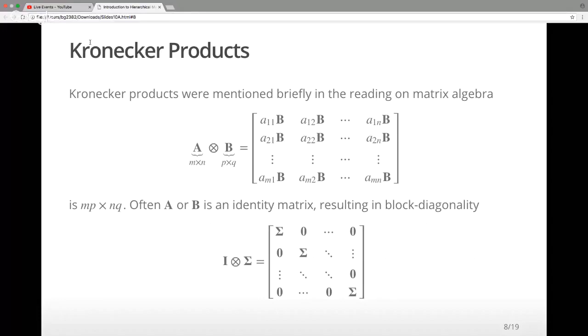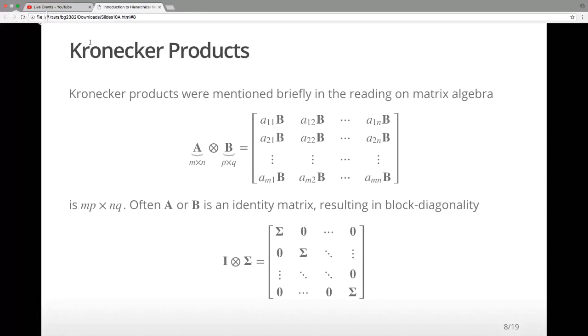So the Kronecker product between a matrix A that has m rows and n columns, Kronecker multiplied with a matrix B that has p rows and q columns, the resulting matrix is going to have mp rows, so the product of the number of rows, and nq columns, which is the product of the number of columns in the two matrices.